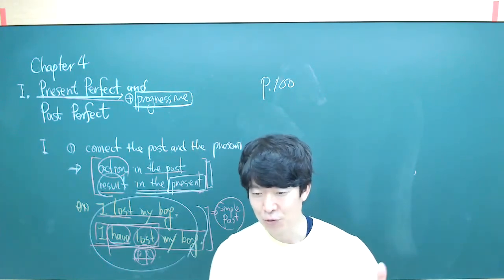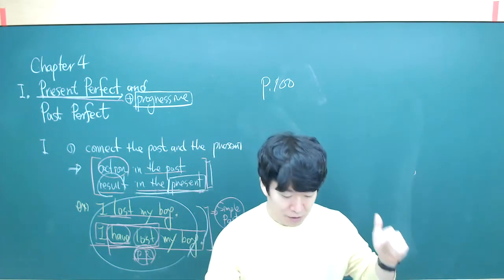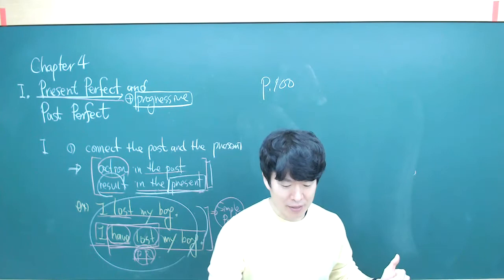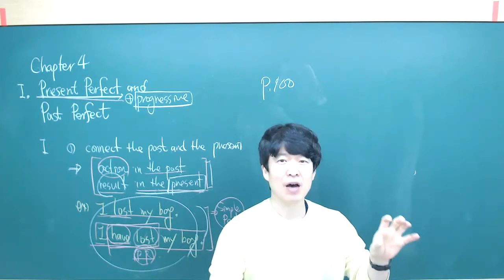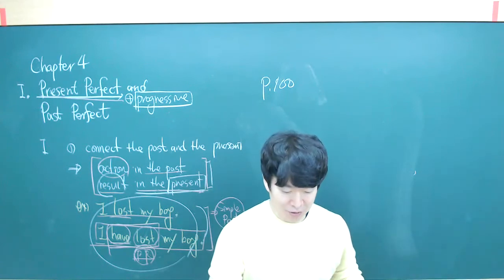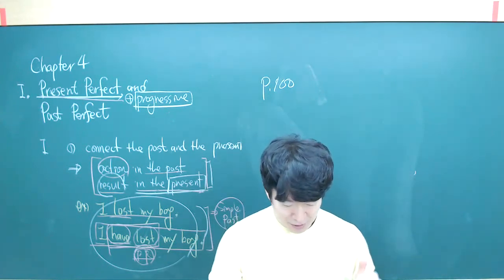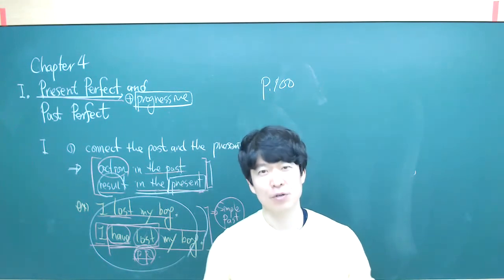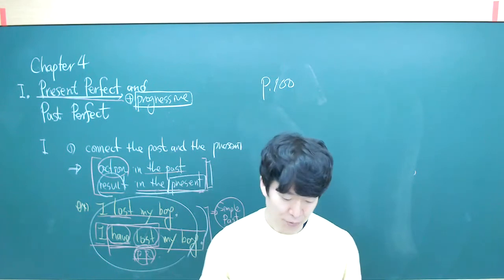Yes, Rita came to know Josh in the past, and the fact that Rita knows Josh continues up to now. So you can use Rita has known Josh for 2 years. That's the difference in meaning between present perfect progressive versus present perfect.